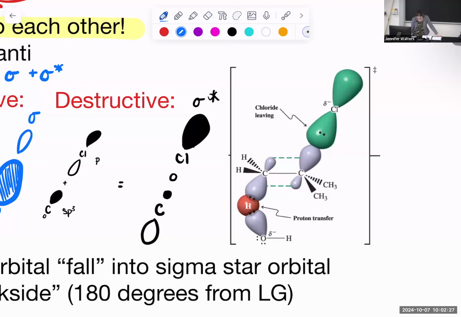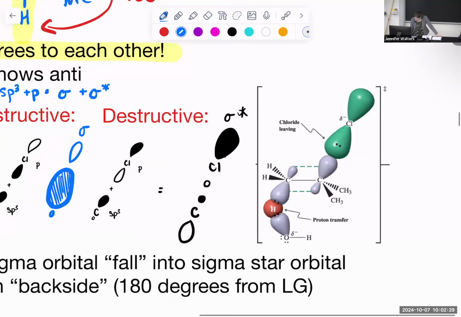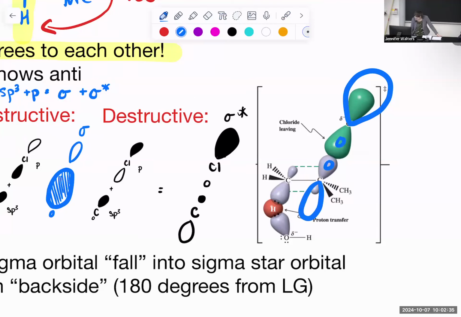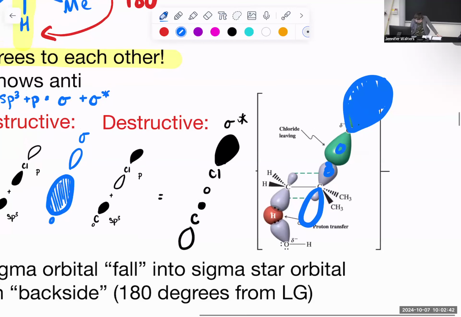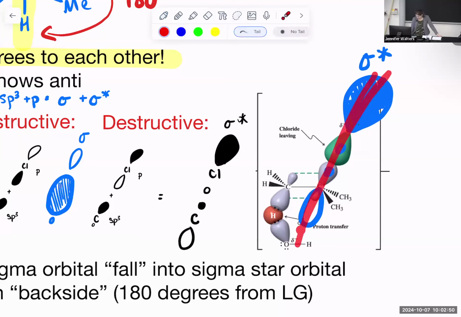But now what we're going to see is that we actually have that big, then little, little, big. That is our sigma star. This is that sigma star.